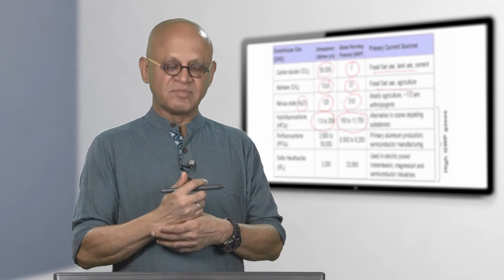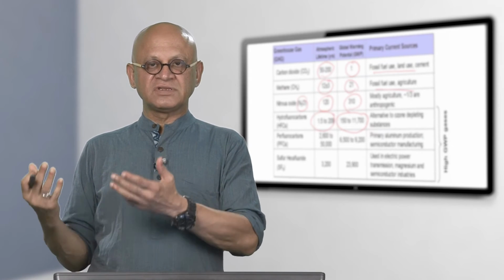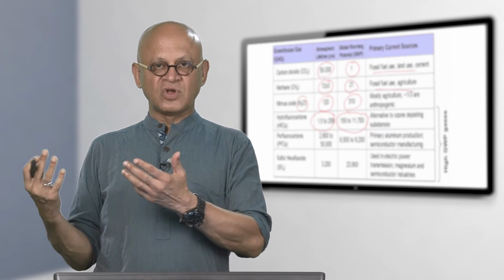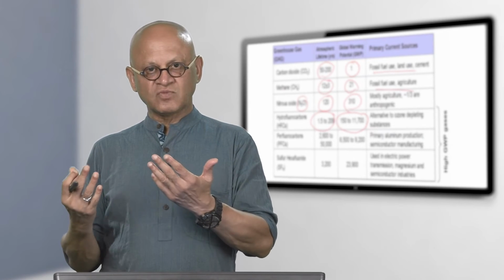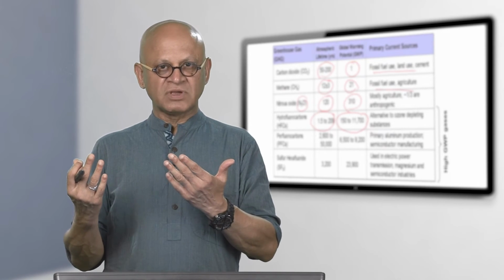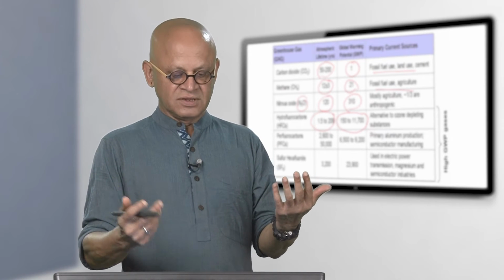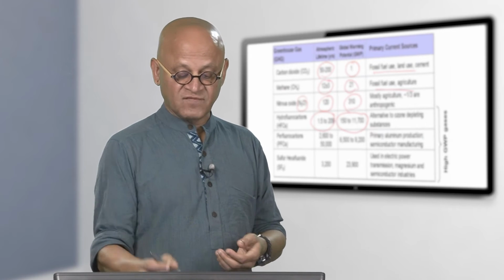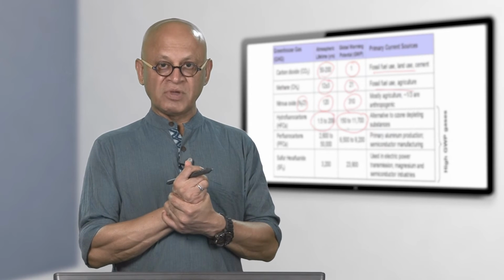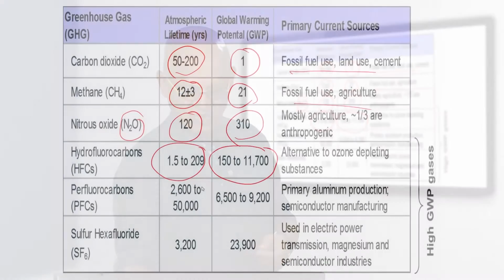That is shocking because remember HFCs came to replace CFCs because CFCs were creating the ozone hole. So we are always doing these kinds of experiments, which are called Frankenstein experiments, where we think we are doing something good, then we create another monster. So HFCs will quickly have to be replaced because they have huge global warming potential. They are deadly global warming agents.